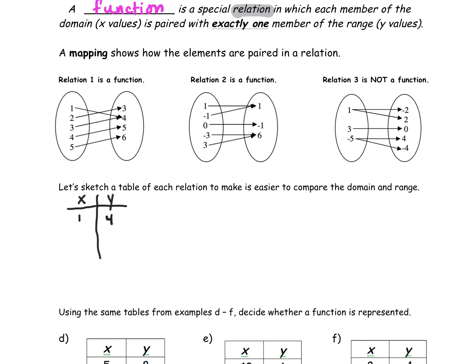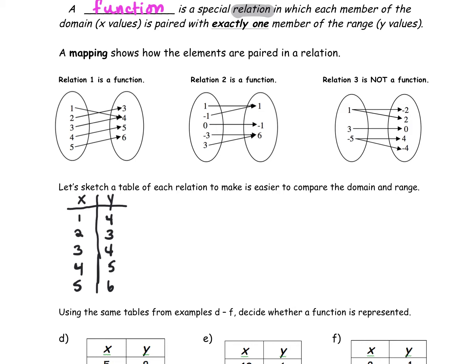If I look at 2, it's pointing to 3. When I go to 3, it's also pointing to 4. 4 is pointing to 5, and 5 is pointing to 6.